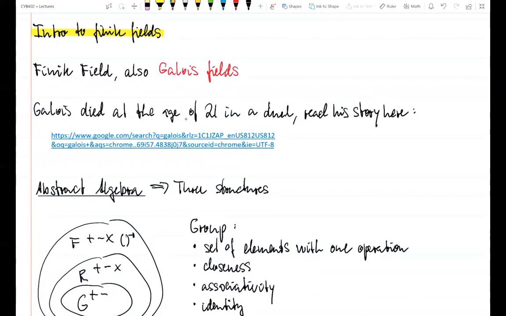He died at 21 in a duel, and I encourage you to read his story on Wikipedia. Just search on Google for Galois, and I give you the link here so that you don't even need to search. Have a look, it's really interesting.